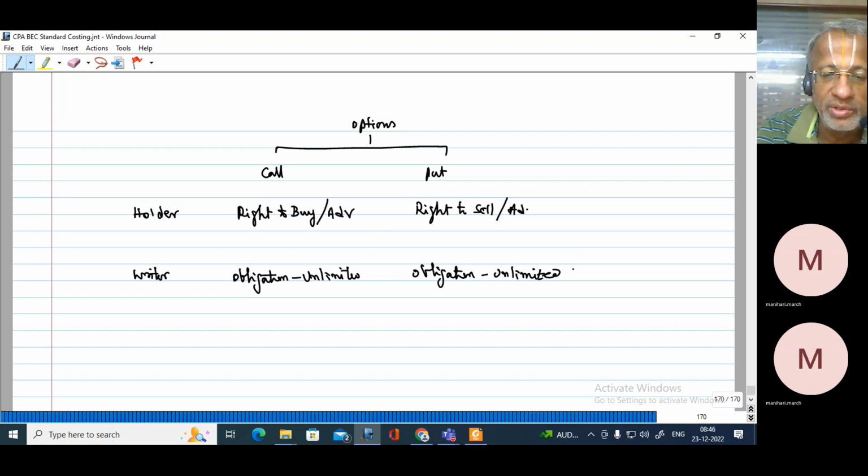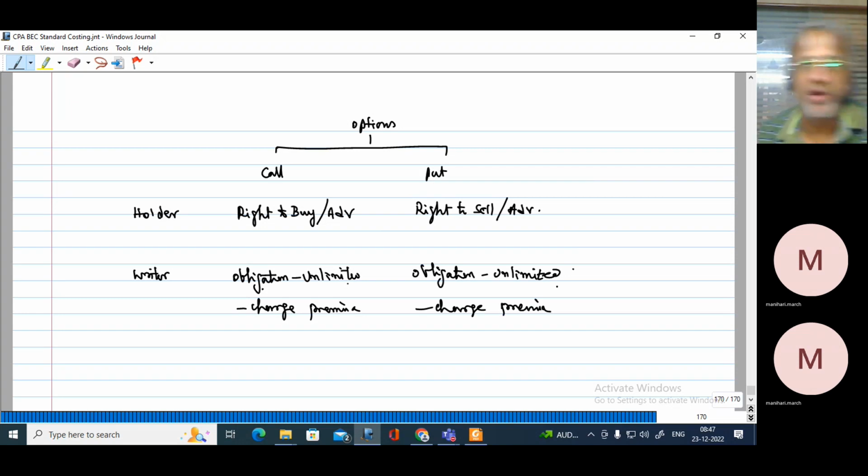Since the writer is having an obligation which is unlimited, he will charge a premium. Whether it is a call option or put option, in any case, the writer will charge the premium.